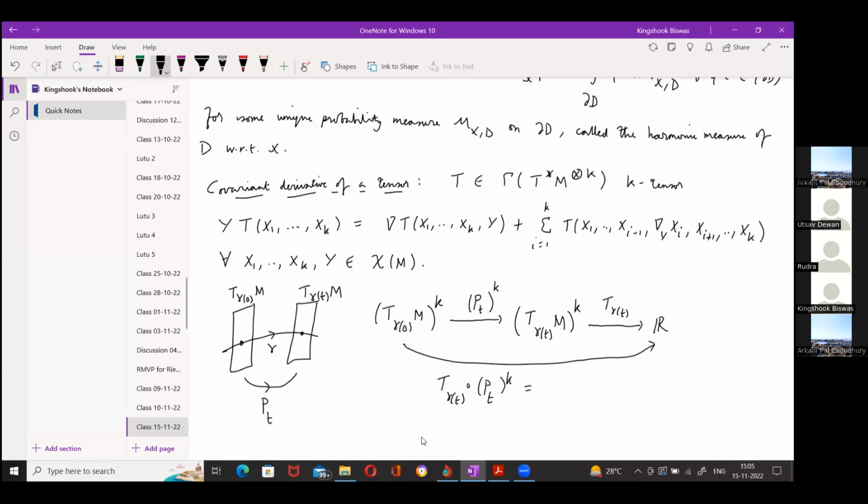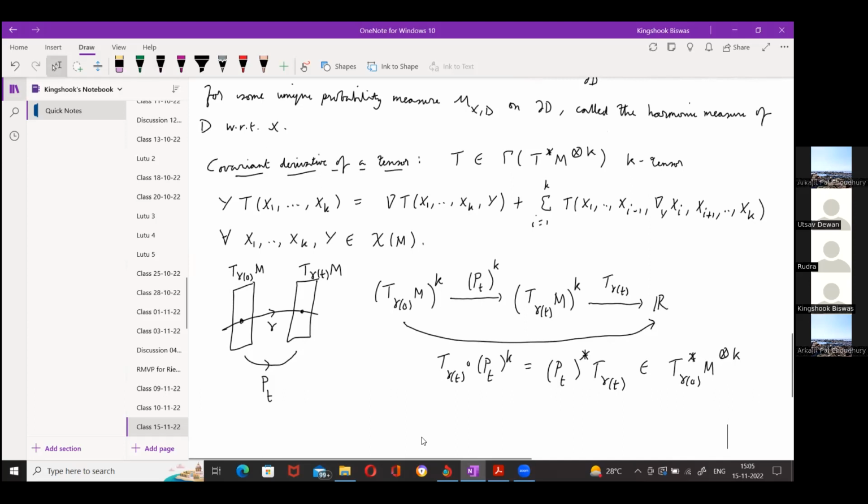This is nothing but the pullback, right? This is P_t star, the pullback of the tensor T gamma t. Is this clear? Yes. So this is an element of T gamma 0 star M tensor power k. This pullback.